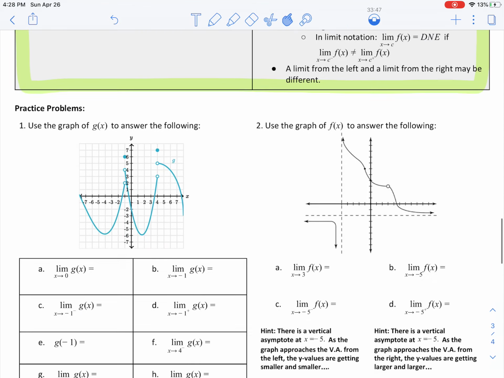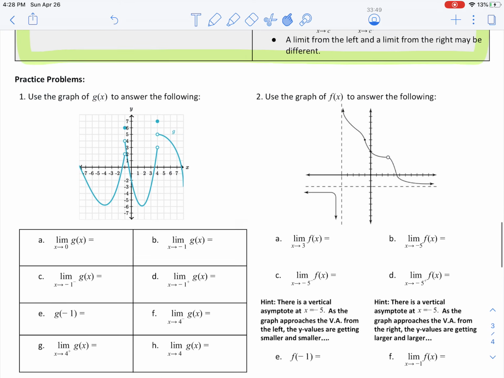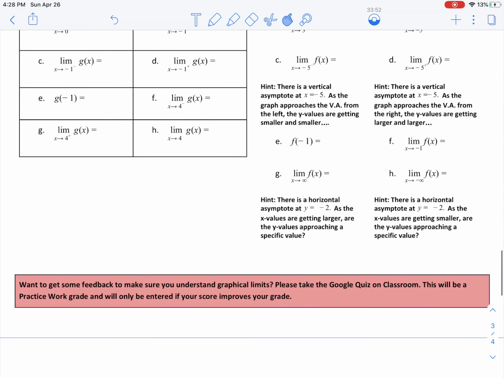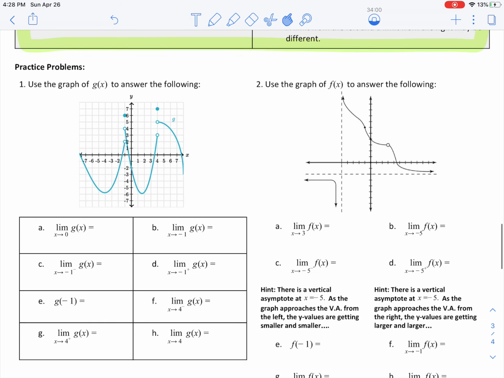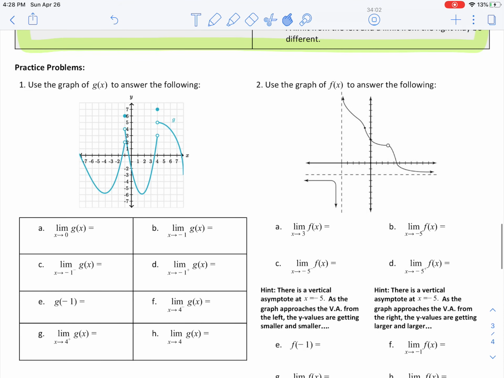And then there are 2 practice problems, okay, and important information here about an upcoming quiz on Google Classroom. So at this point, I would go ahead and pause the video and work through these examples. I'll post a key that you can check on Classroom.